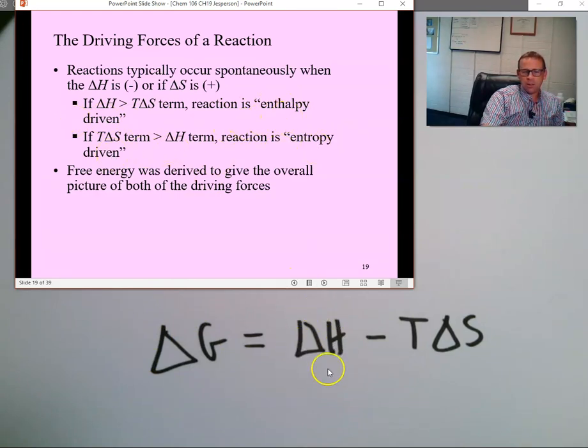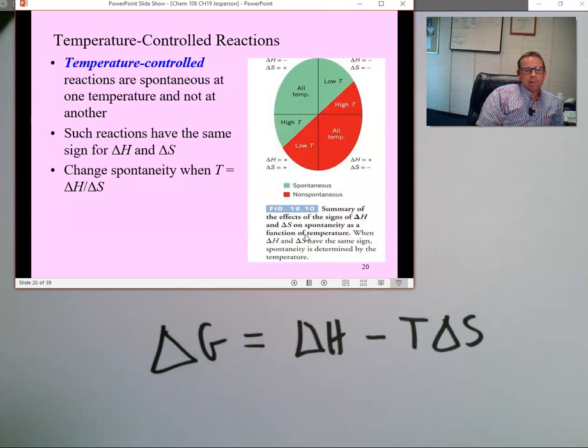Enthalpy, again, is our delta H, our heat. Entropy is our degree of randomness. Okay? This can change at different temperatures because we see that T is in this second law of thermodynamics. Temperature is multiplied by the change in entropy.